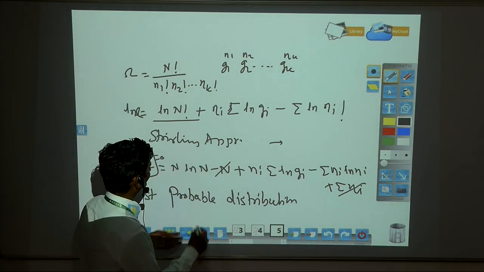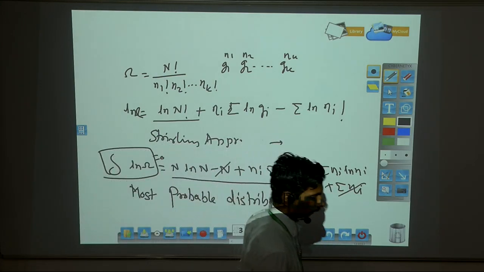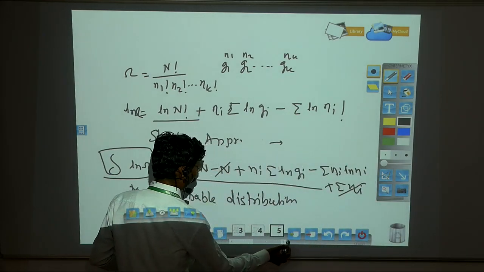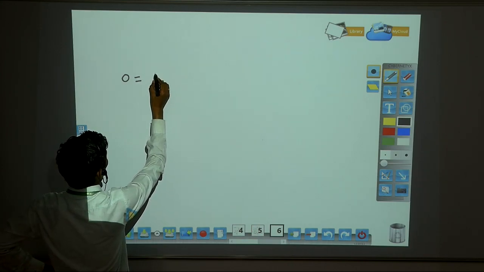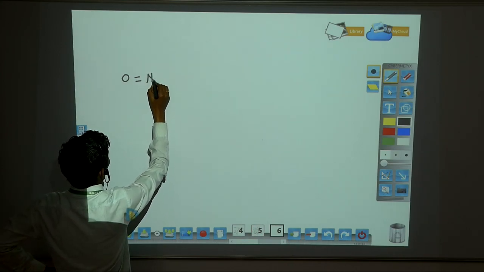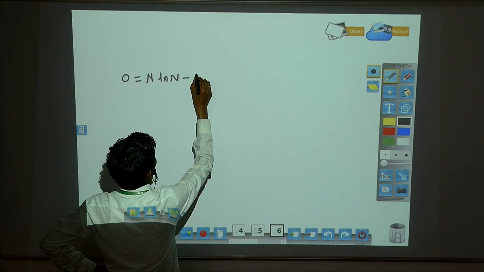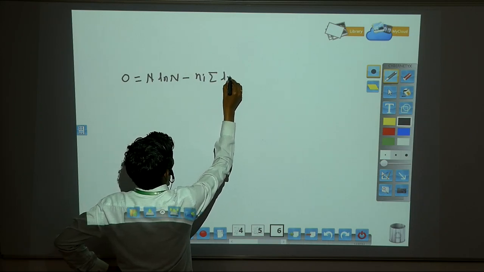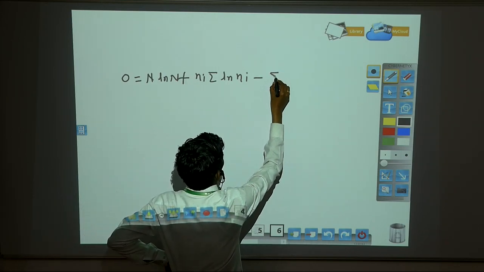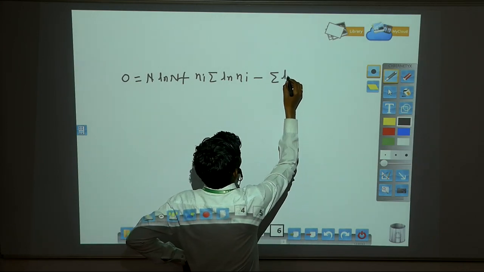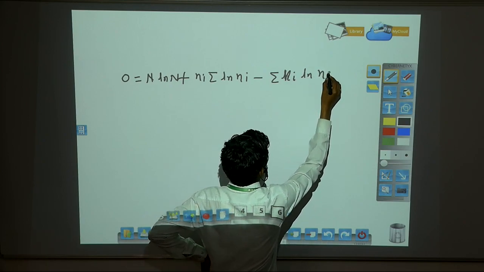Then we want to apply the same for the right side, meaning we take the differentiation on the right side also. So 0 is equal to the remaining terms: N ln N minus summation of ni ln gi, sorry, it is plus, minus summation of ni ln ni.